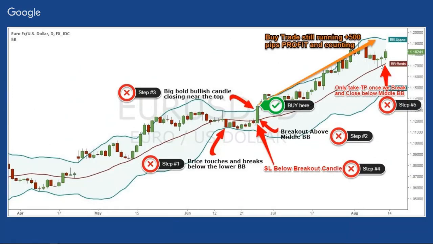So this is on a daily chart in August of, I don't know what year. This example comes from the Trading Strategy Guides blog, and I'll link this blog below so you can see it.